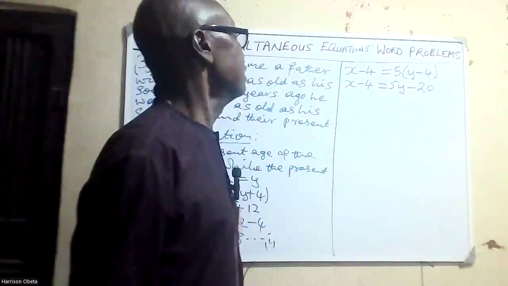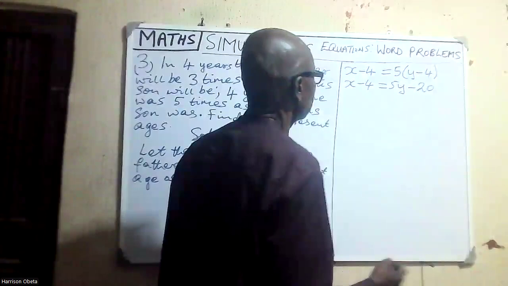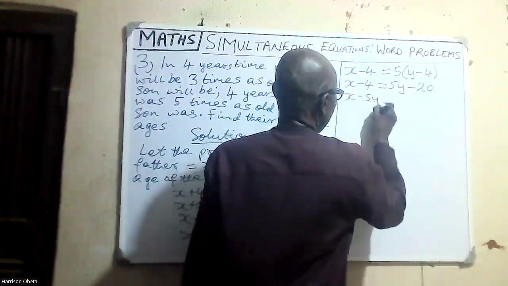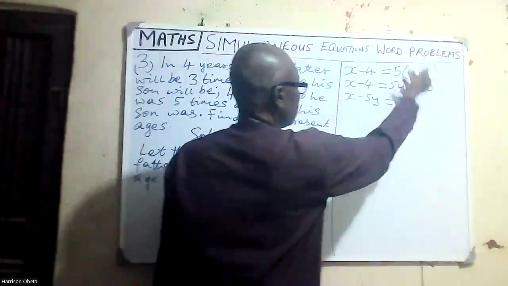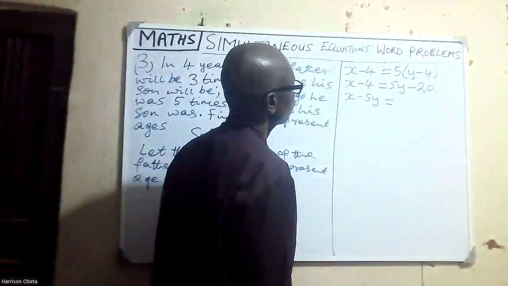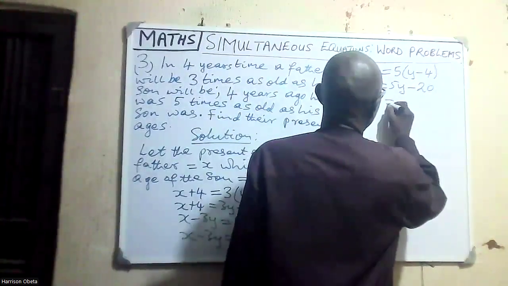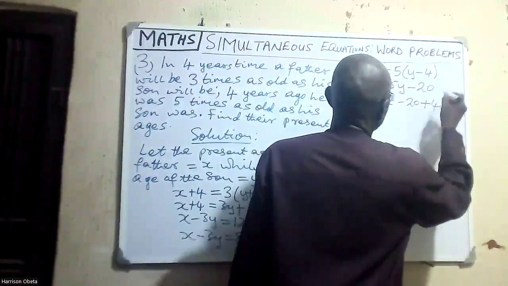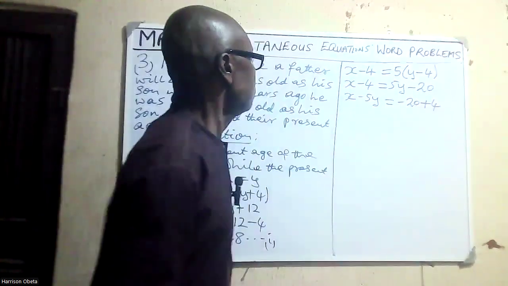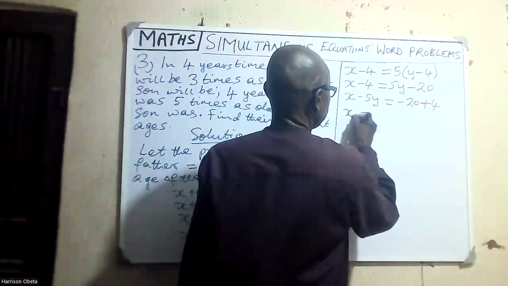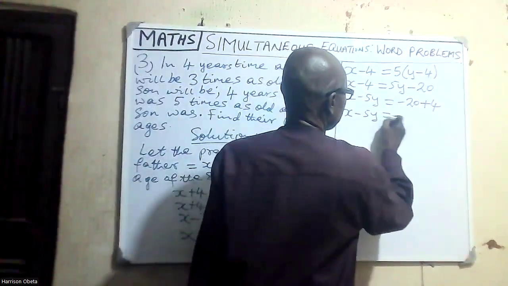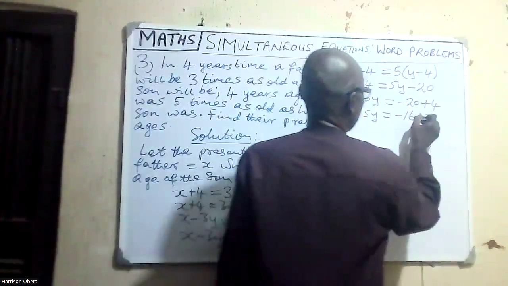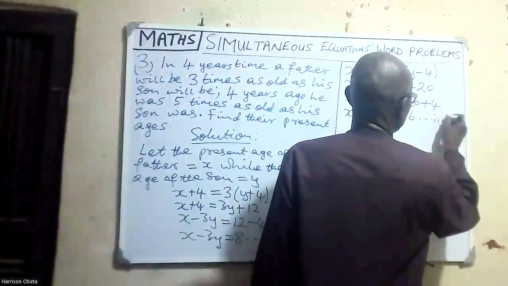As usual, bring them together, giving us x minus 5y equal to, this 4 going to the other side, minus 20 plus 4. So we're now going to have x minus 5y is equal to minus 16. We can call this equation 2.